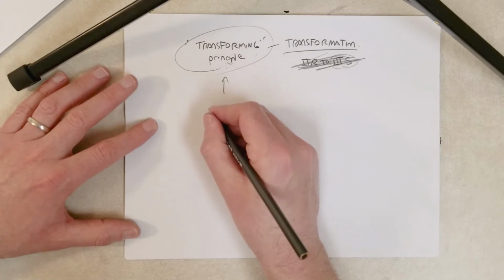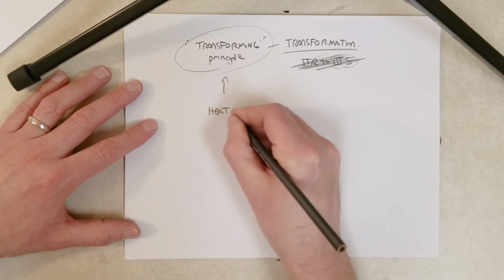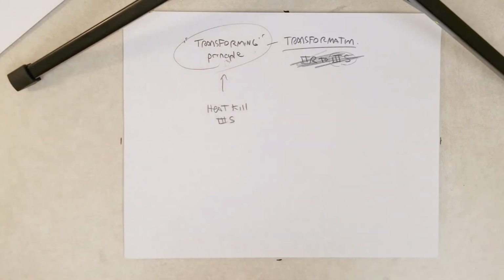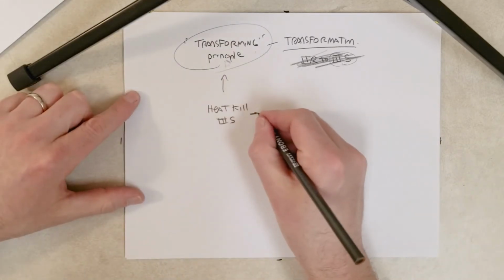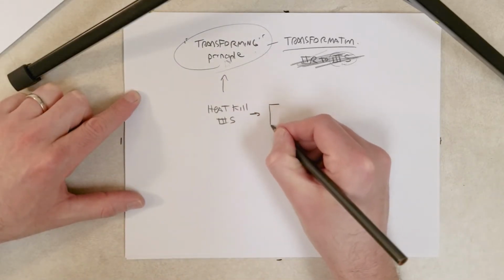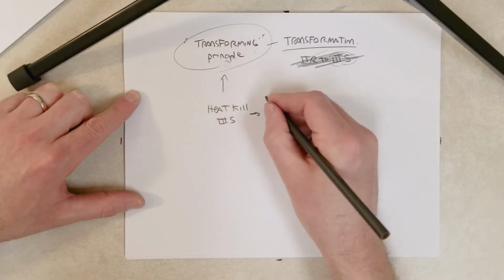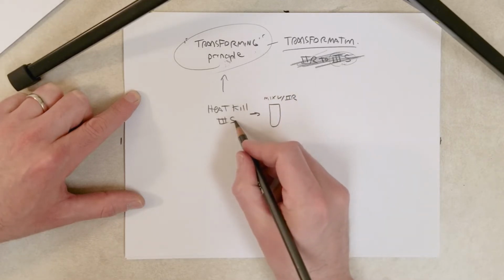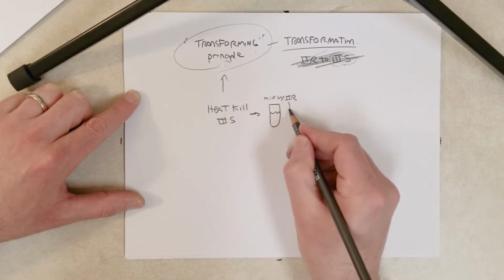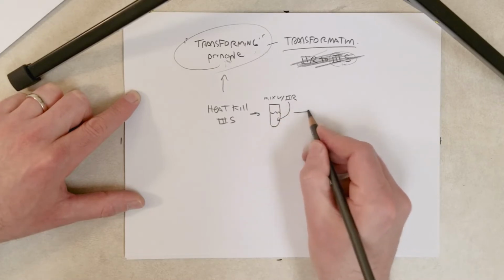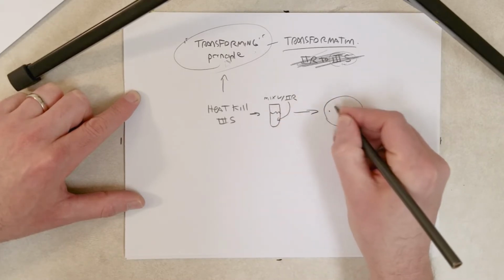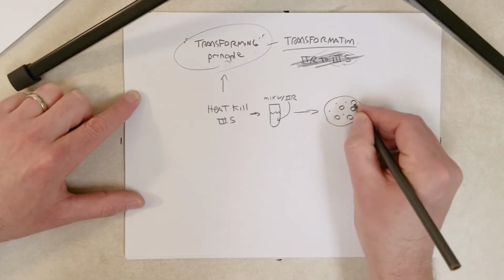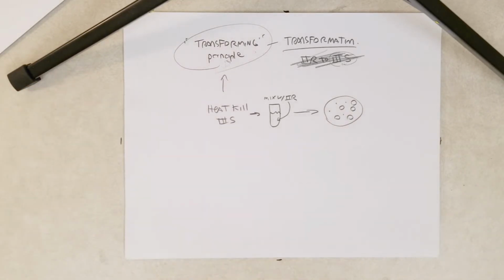Some of those advances were scientists figured out that you could heat kill the 3S bacteria, and then mix the heat-killed 3S cells with 2R bacteria in a test tube, and then plate those out, and then you'd get the transformation occurring. So you didn't need the mouse body for this to happen.